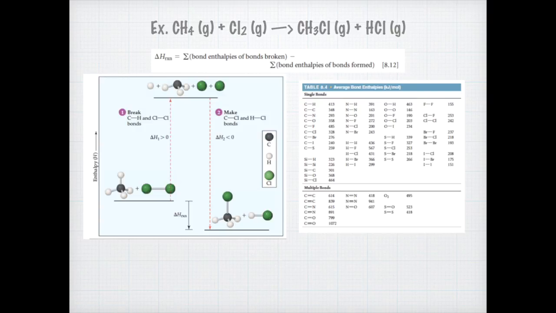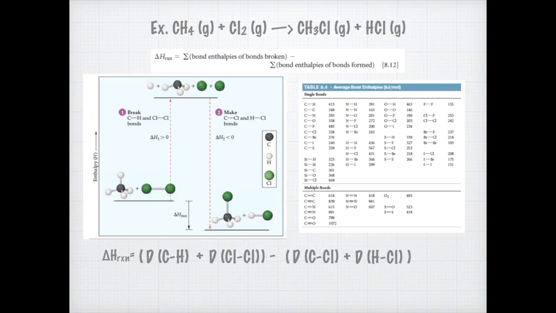So I'm going to take the bond enthalpy of carbon and hydrogen, and I represent that bond enthalpy with D, so it's the bond enthalpy D of carbon and hydrogen, and I'm going to add to that the bond enthalpy of chlorine and chlorine, and I'm going to subtract from that the bond enthalpy of carbon and chlorine, because that bond is being formed, and I'm going to add to that the bond enthalpy of hydrogen and chlorine, because that's being formed.